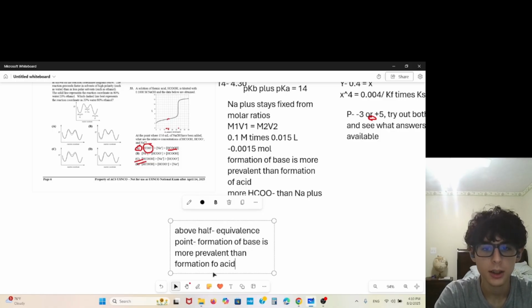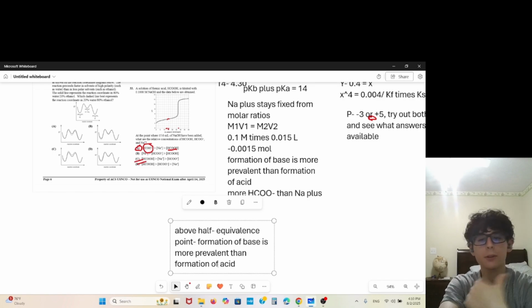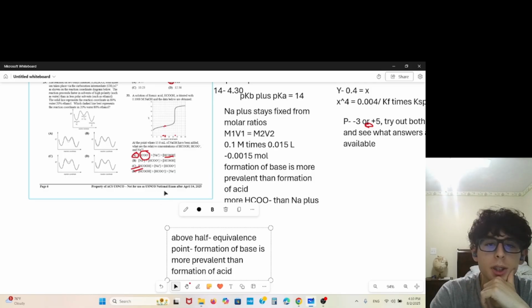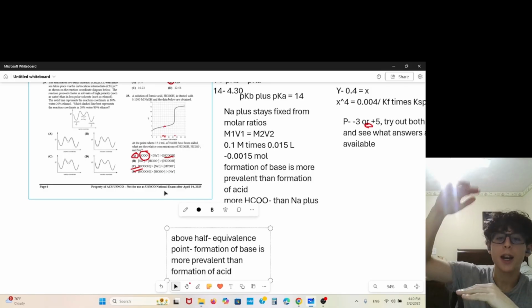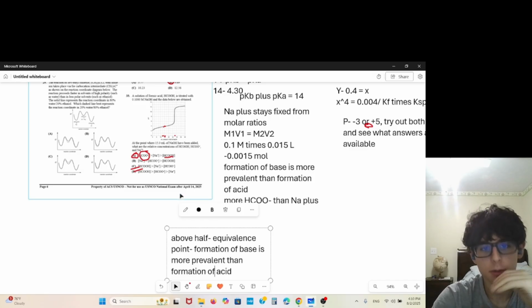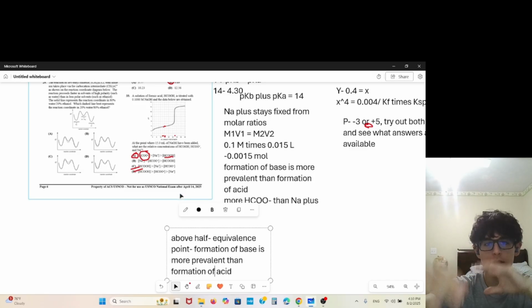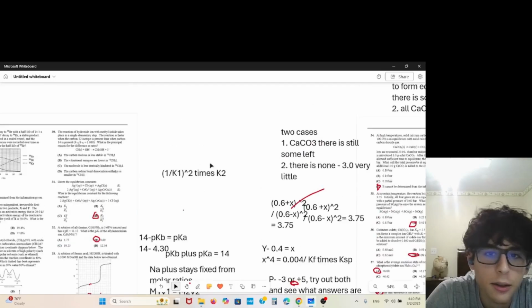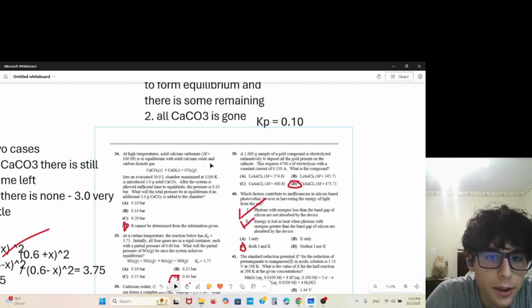Backward is formation of acid, forward is formation of base, so the HCO minus actually is higher than it's supposed to be. So it's going to be higher than Na plus. You would think that since they're both basic, they should be the same, but they are not. So it's A. Okay, 34.